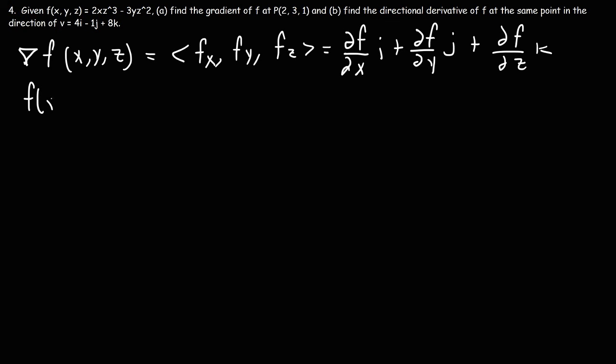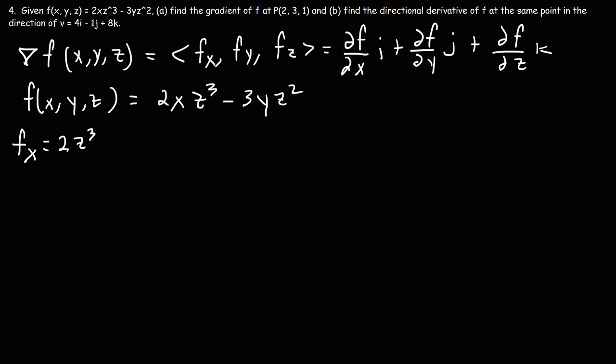So let's start with our function, which in this problem is 2xz to the third minus 3yz squared. So let's find the partial derivative with respect to x first. The derivative of x is 1, so we're just going to get 2z to the third power.